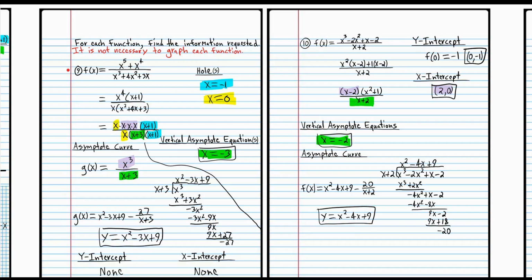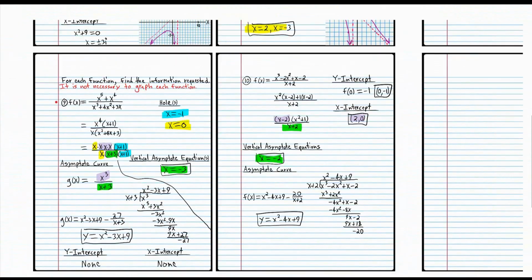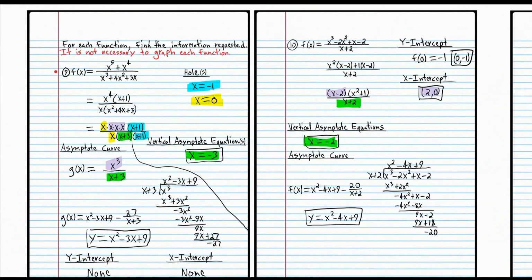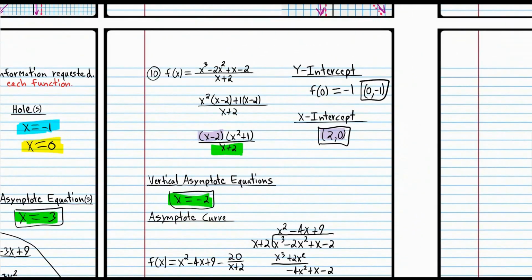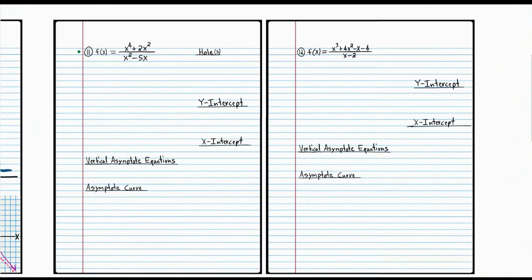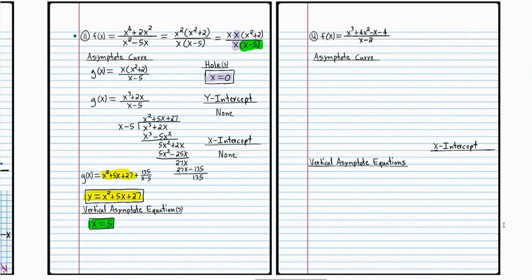So now it's time for you to try. I want you to take a picture of these problems here. And by the way, we didn't have any holes on number 10. We had two holes on number 9. Go ahead and try number 11. When you come back, we'll do it together. Okay, we're back.